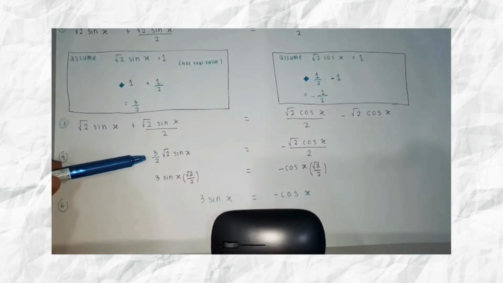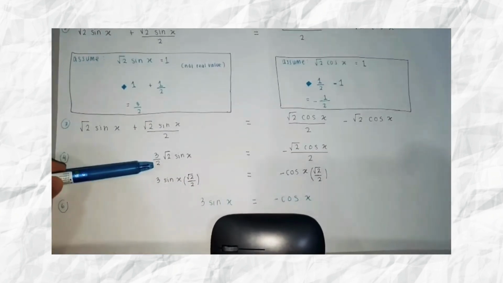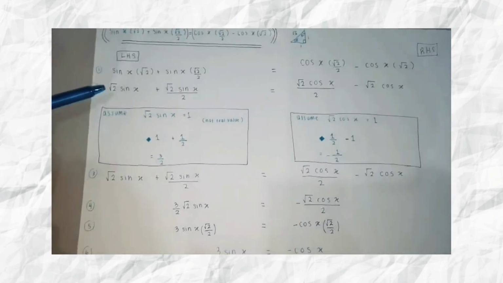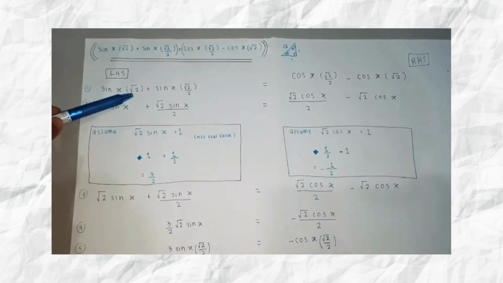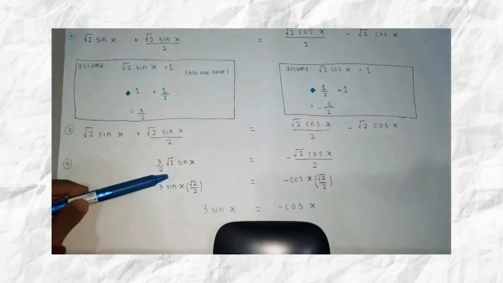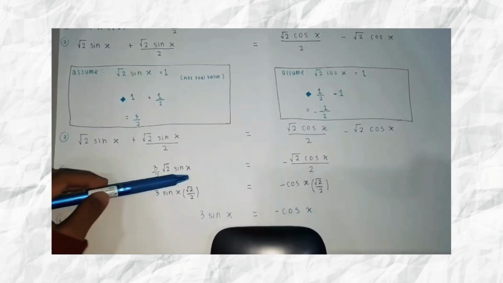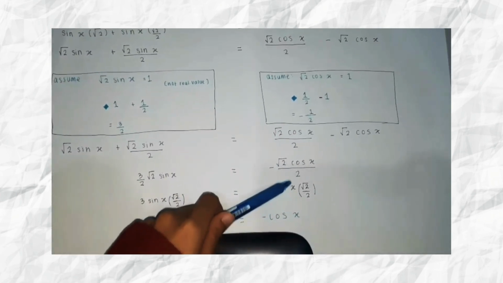So here I make another arrangement. I arrange it like this, the first equation where I put the square root 2 at the back. So I change it, I put the square root 2 over 2 at the back. Same goes for this one.